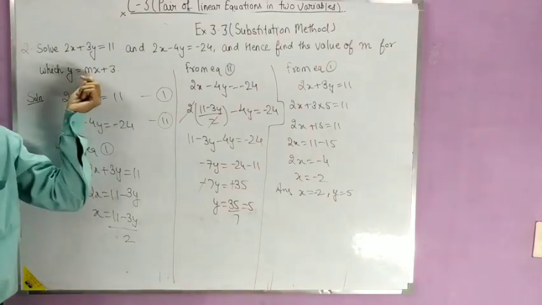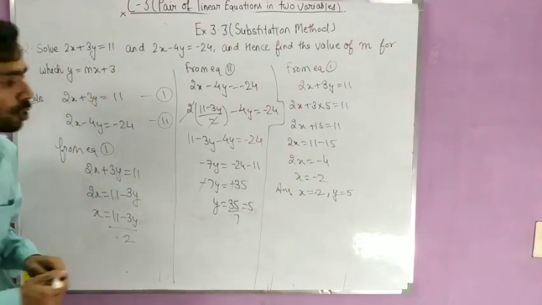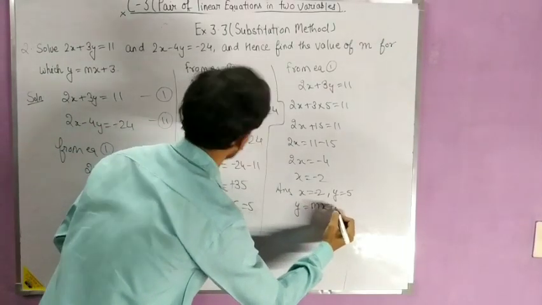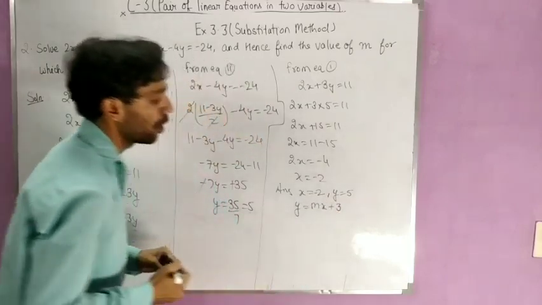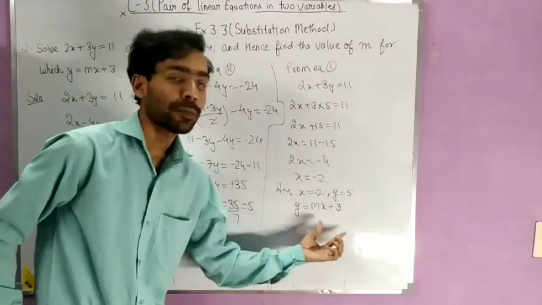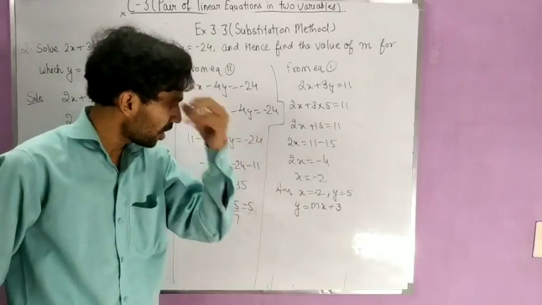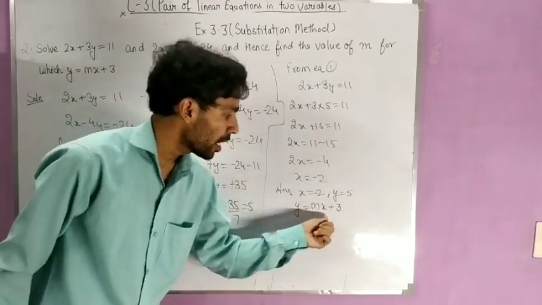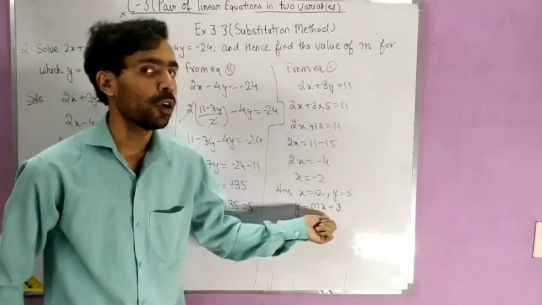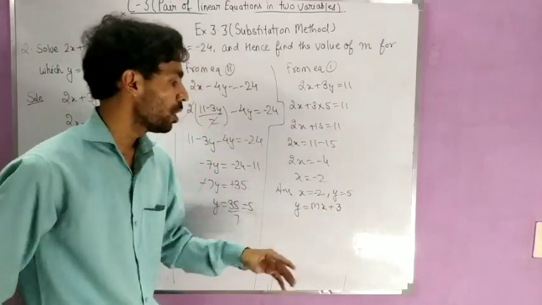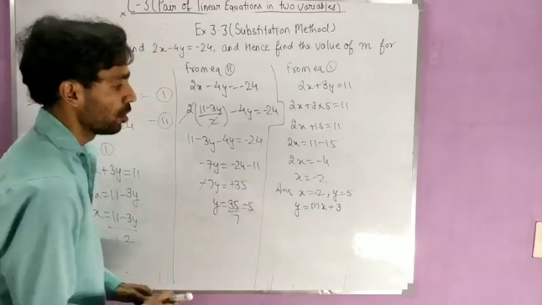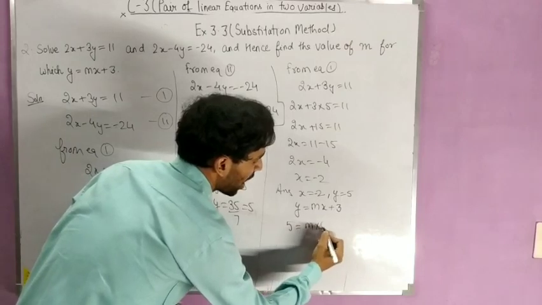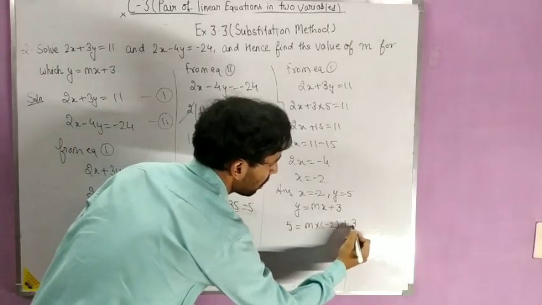Now one more part is given. You have to find out the value of m from this equation. So write the equation y equal to mx plus 3. From this equation you have to find out the value of m. You have already calculated the value of x and y, so put the value of x and y in this equation. So it will come 5 equal to m into minus 2 plus 3.